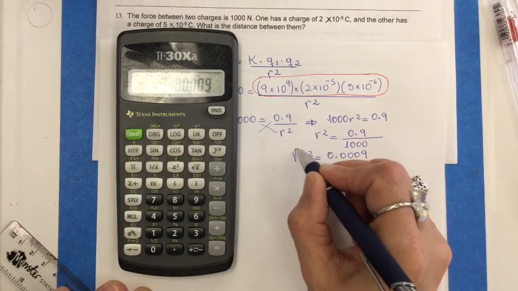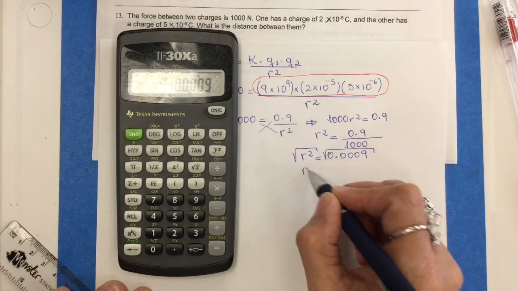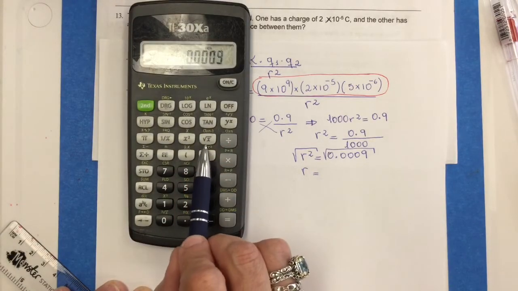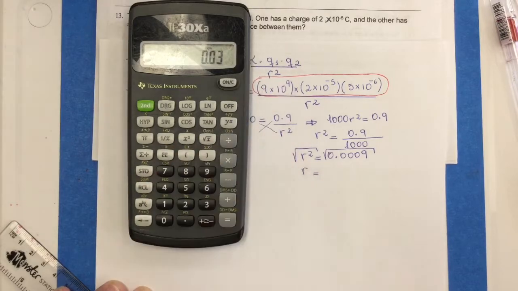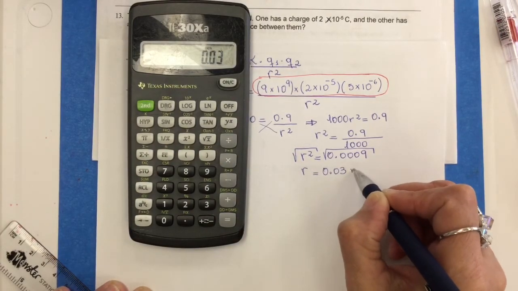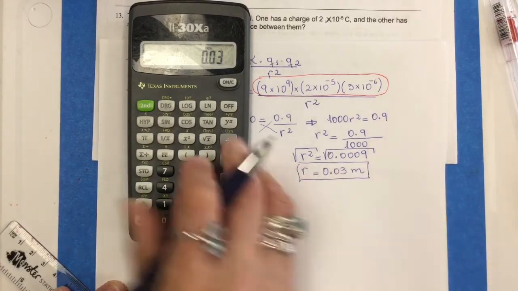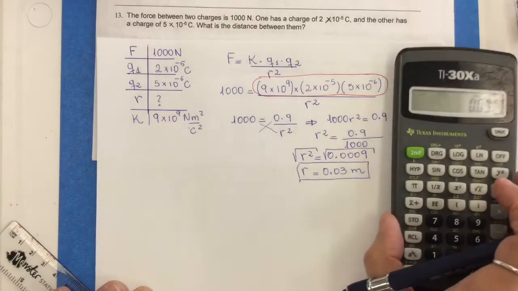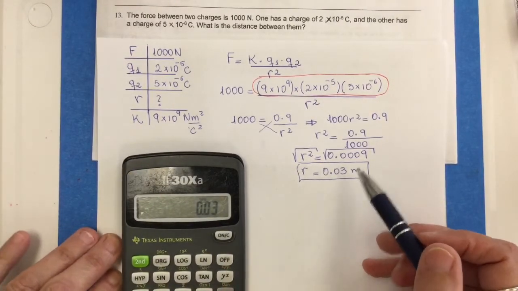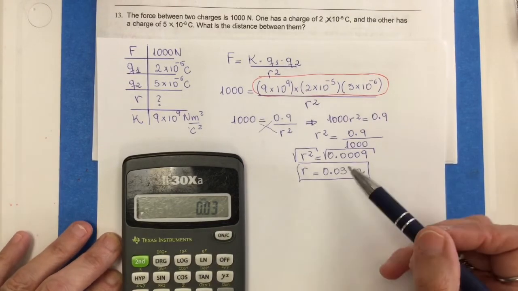Now we are going to take the square root of this. So R is equal to, the square root is right here on this key, 0.03 meters. So that's the distance between both charges when a force of 1000 newtons is acting between them.